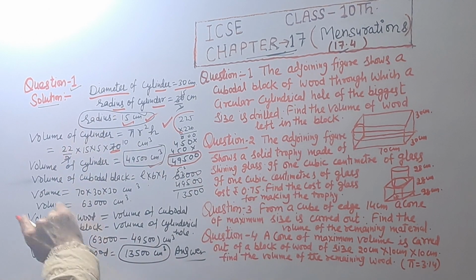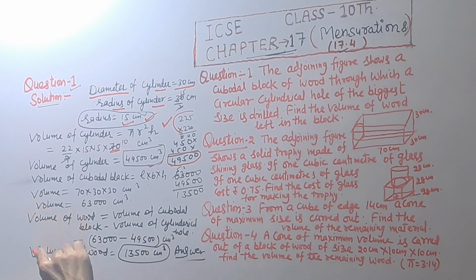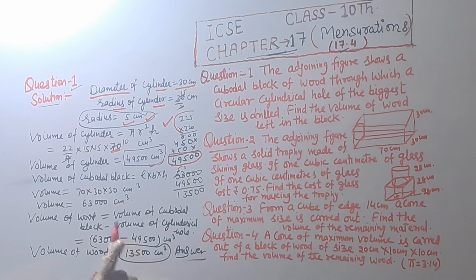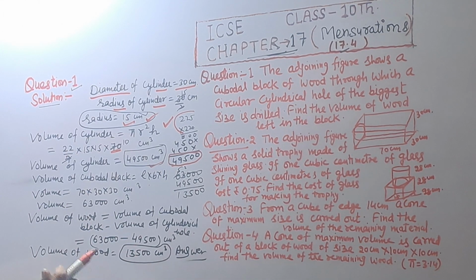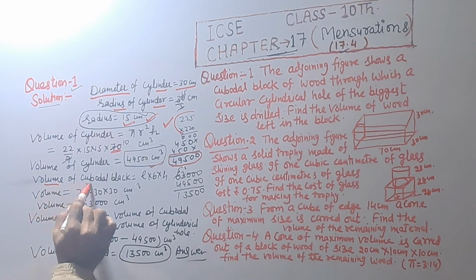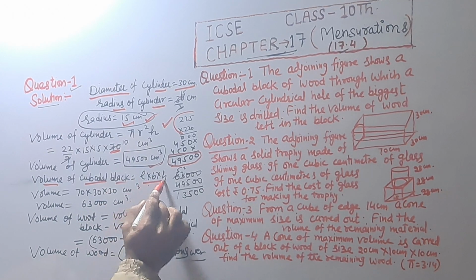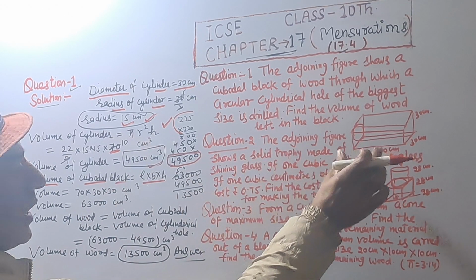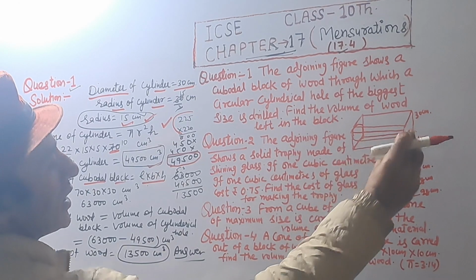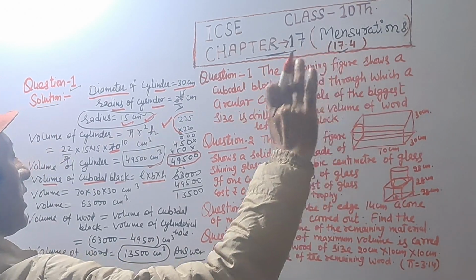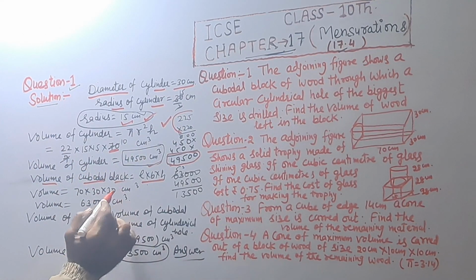And volume of cuboidal block is equal to length into breadth into height. Length is equal to 70 centimeter, breadth is 30 centimeter, and its height is 30 centimeter.